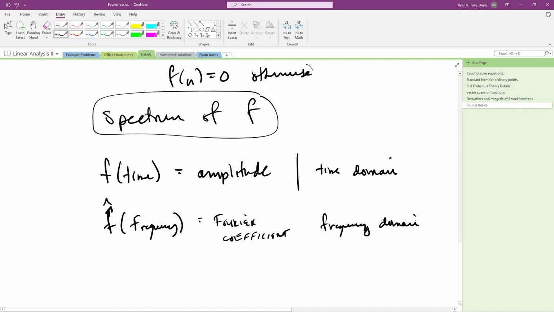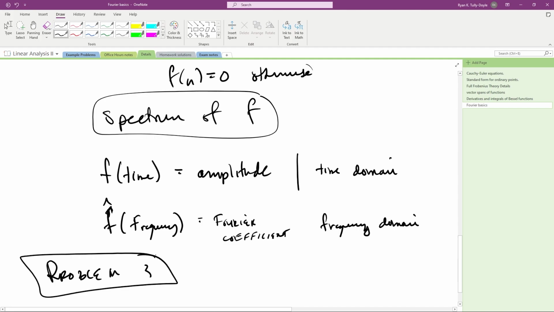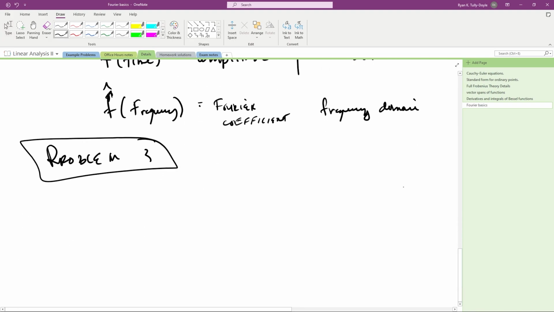These are terms that get thrown around, but they're transforms of each other, which means I can go back and forth. If I know one, I can find the other. Okay, so everything that we've talked about here is relevant to problem 3 on homework this week. And you can probably use some of the stuff about periodicity to talk about problem 2, but let's talk about what it means for a function to be periodic first.